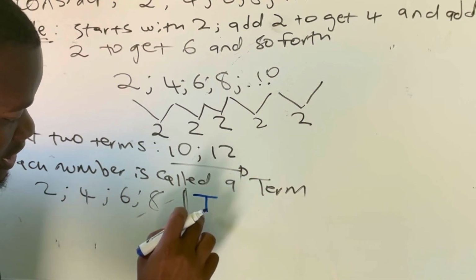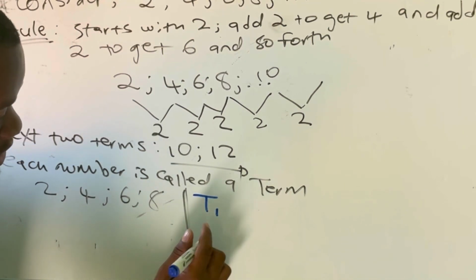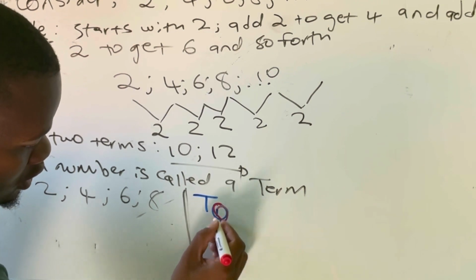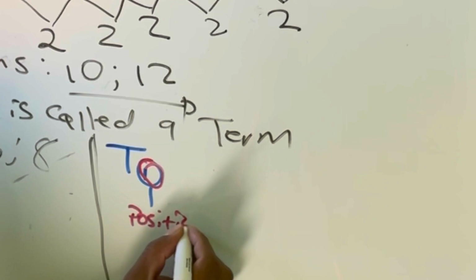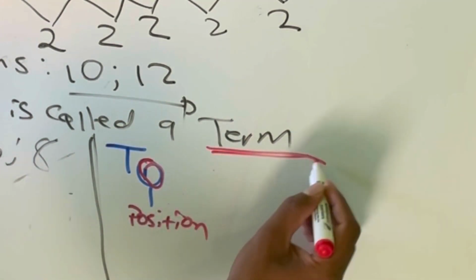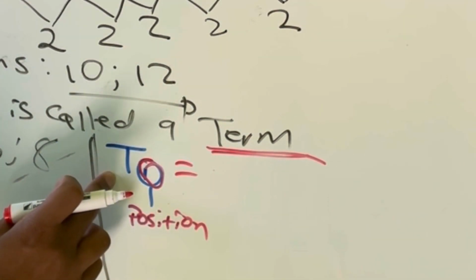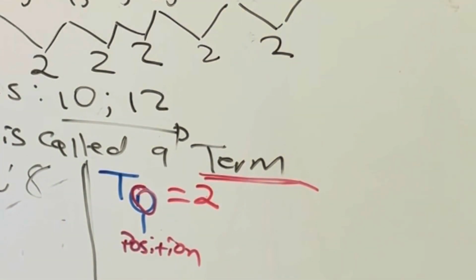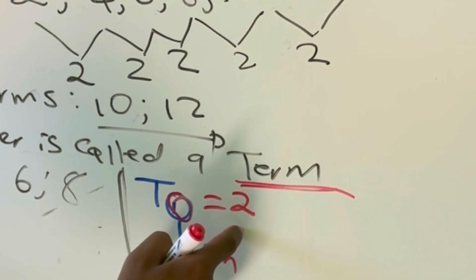T for term, and then the subscript, say 1, will represent the position. So T1, the term which takes position 1 here, is 2. The term which takes position 1 is 2.